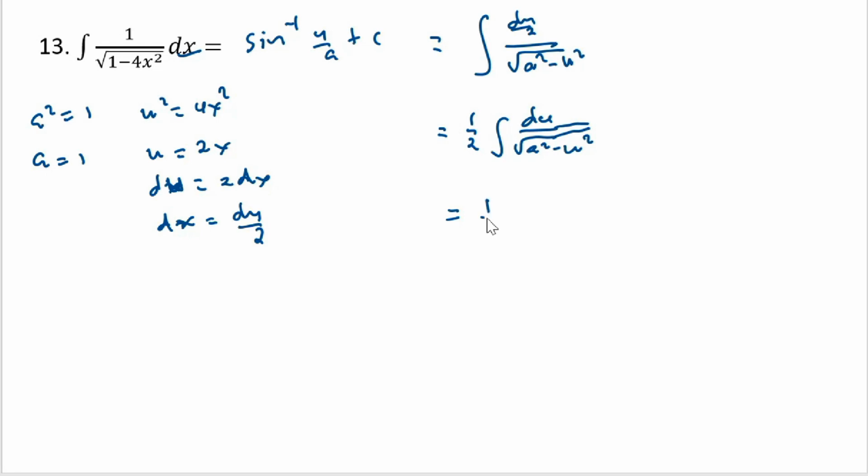Since I have 1 half, I write 1 half first, and then arc sine of u. Our u is 2x, and our a is 1, so we don't need to write it because 2x over 1 is just 2x. Therefore, plus a constant. So we have the answer: 1 half arc sine of 2x plus a constant.